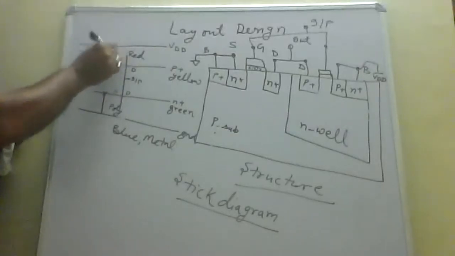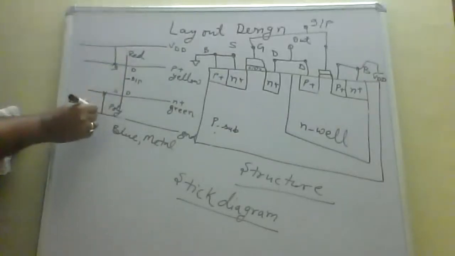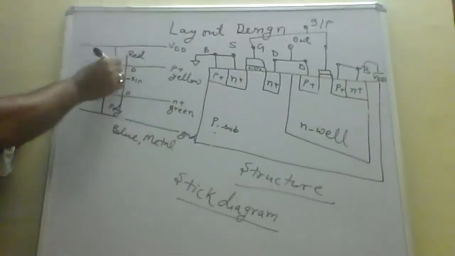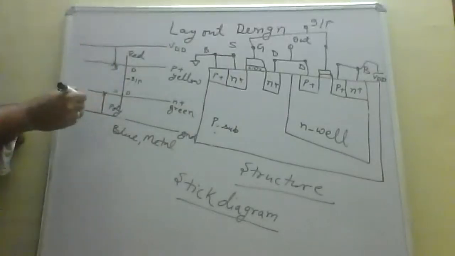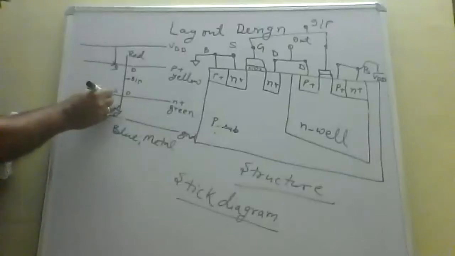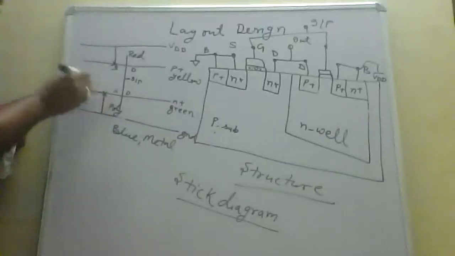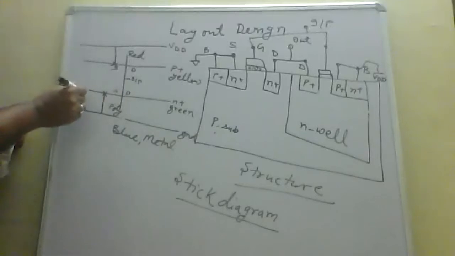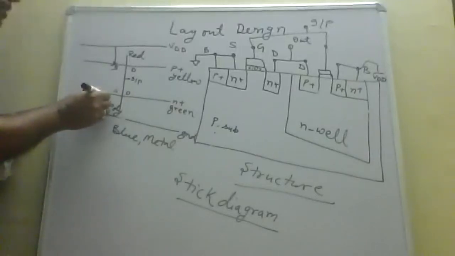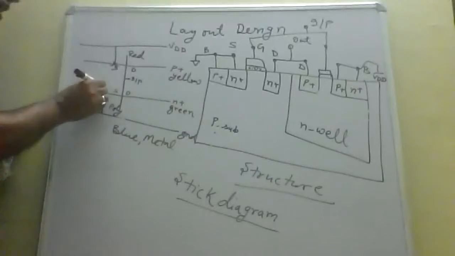Again, this will be metal and this will be of blue color. This is also of blue color. Here we write a cross. So what does this cross designate? Because this is metal and this is green N plus, these two are different materials. So this will be the active contact.